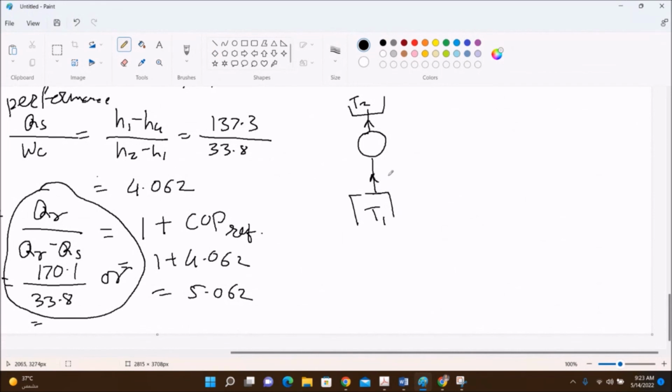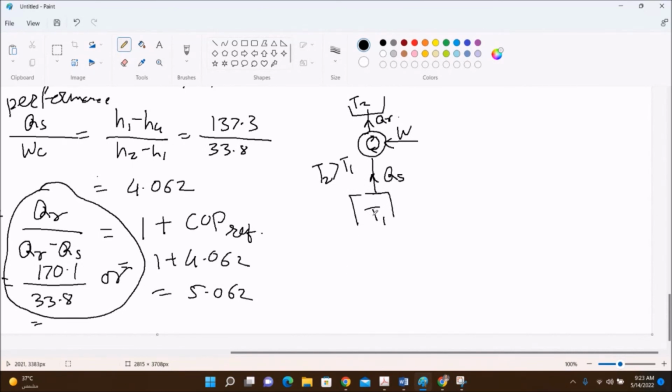If heat is flowing, this is a refrigeration cooling cycle. Cooling means we need to supply work, and this is Q rejected. I want to make temperature T1 very cold, so T2 is greater than T1. So this is called a Carnot cooling cycle.